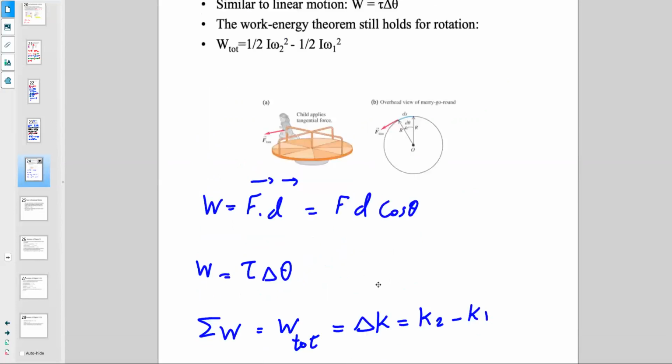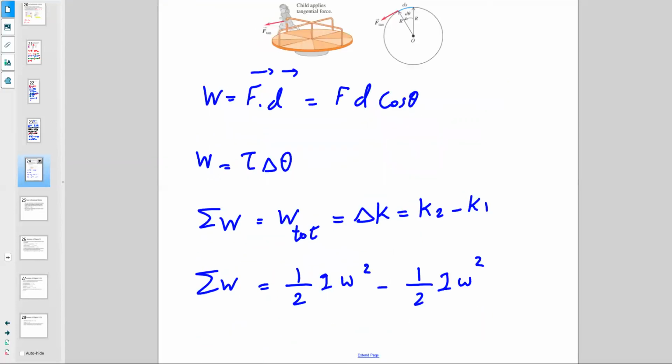Now, if that's the case, if the I's are the same, let's say that m or r does not change, so this I and this I are the same, it is omega 2 squared minus omega 1 squared, okay? And these are I's, and just don't mistake them with 1 or anything else. I wrote it a little bit weird when I wrote fast. So I have I right there. So it's the same thing.